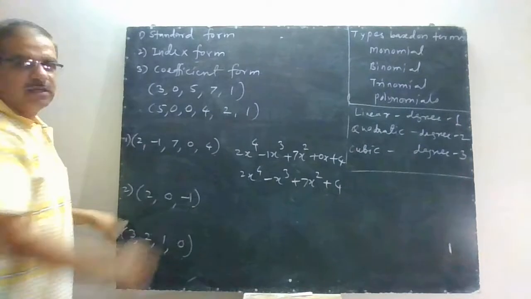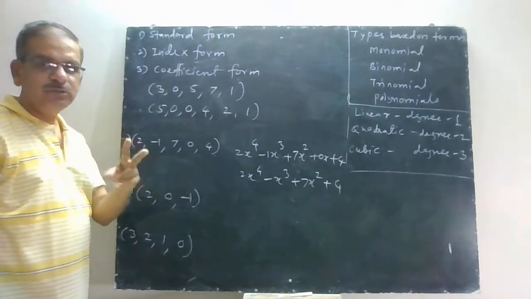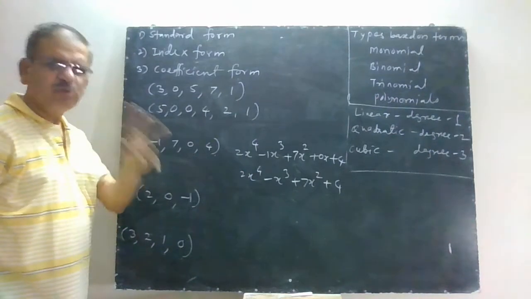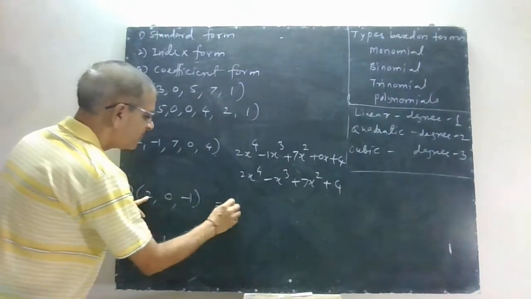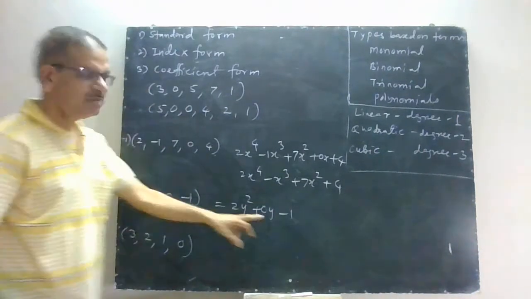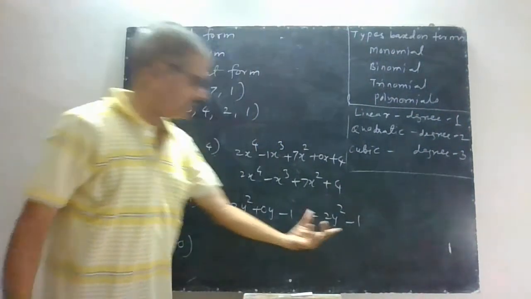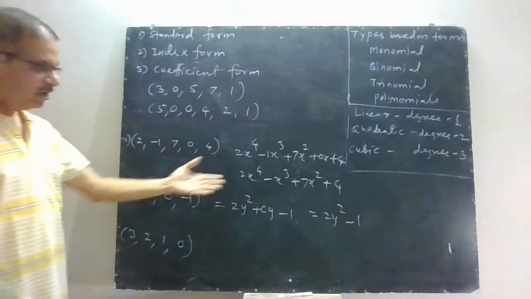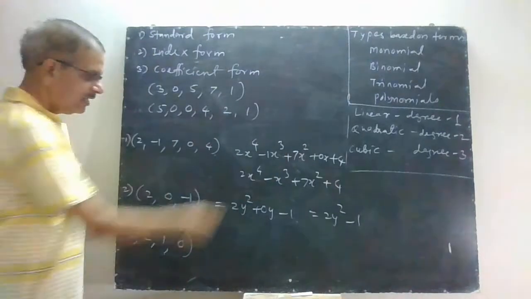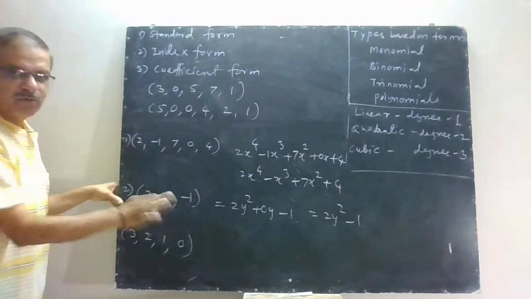Now if it has 3 coefficients, that means it is a polynomial of degree 2. So we will start with y raised to 2 or x raised to 2. So it is 2y square plus 0y minus 1. If you skip this term 0y, it will be 2y square minus 1, which is a polynomial. Now see, this one contains 4 coefficients.